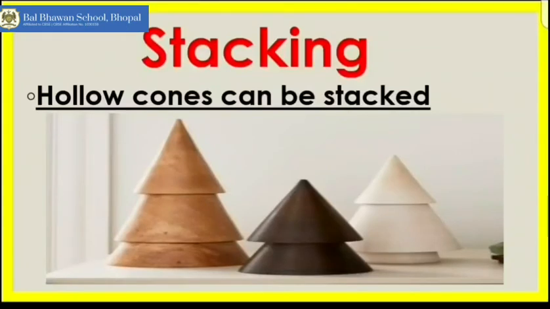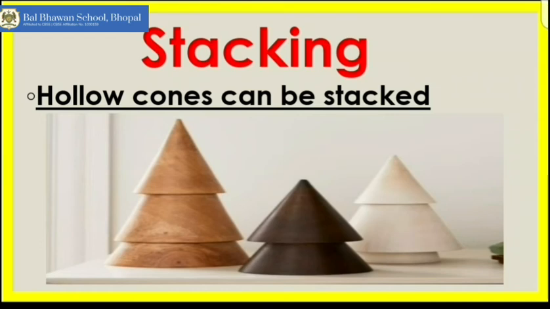Now next is stacking. Here you can see some cones are stacked, and one thing you have to remember is that solid cones can't be stacked. You already know what stacking is. Stacking means keeping something one on the other. Here the cones which are stacked are not solid ones, they are hollow.